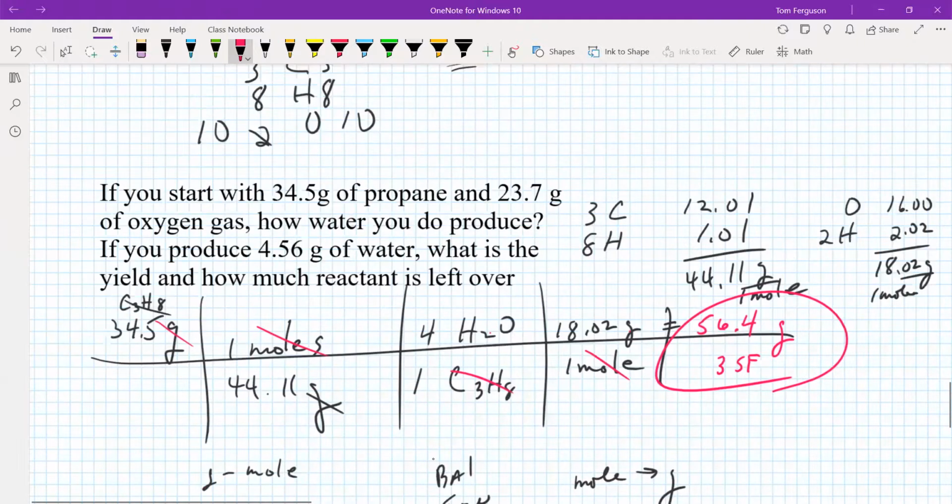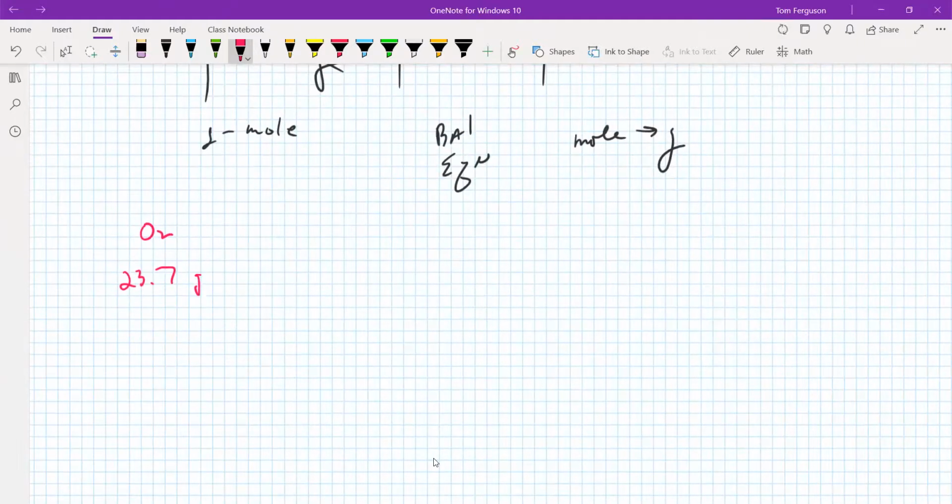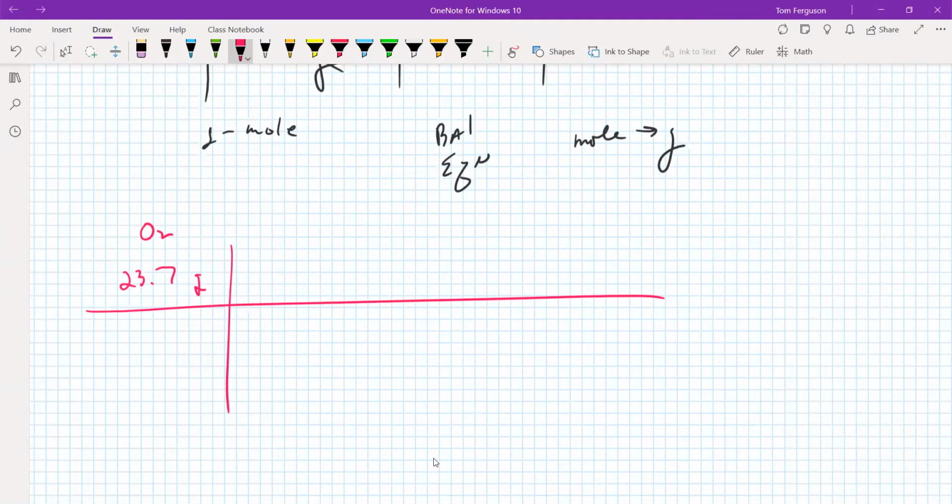Yeah, 23.7. In oxygen, it's 32 grams per mole.